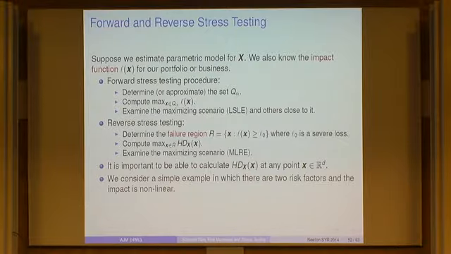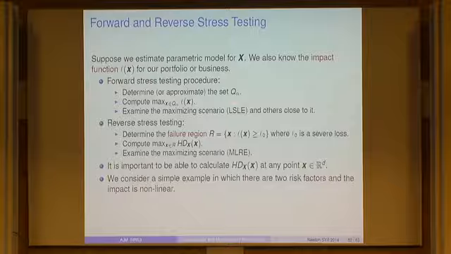And as I've said at the beginning, we could think of forward stress testing or reverse stress testing. An interpretation of forward stress testing is to determine the scenario set. If we work with value at risk, then the scenario set is Q alpha. If we work with expected shortfall, then the scenario set could be what I called S alpha.